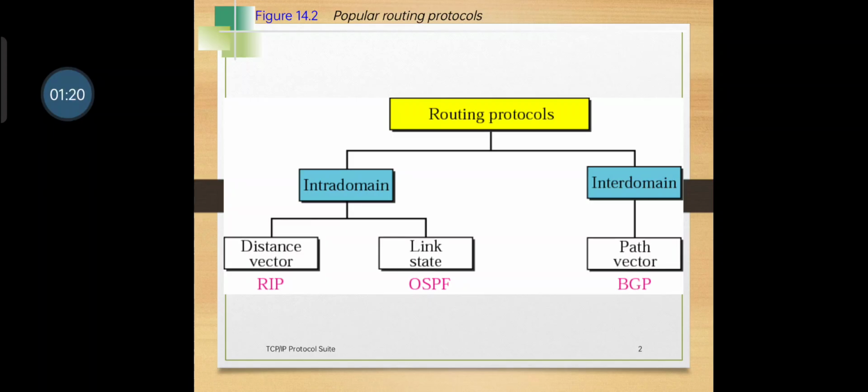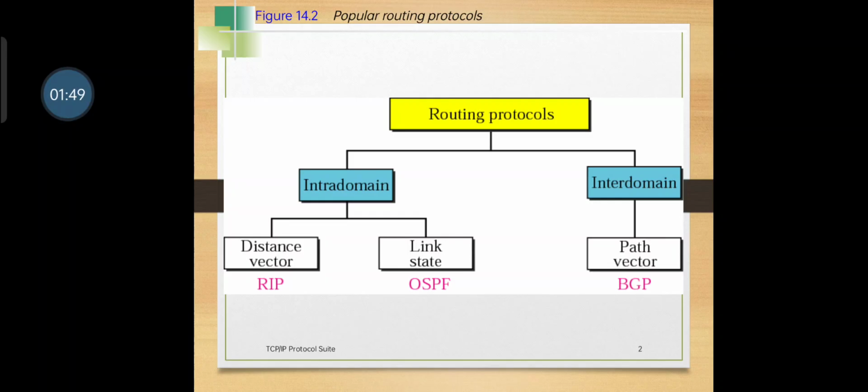Intra-domain means routing the packets within a network. Inter-domain means how to route packets from one network to another network, which is given by path vector routing, also called BGP.